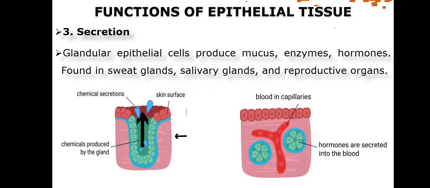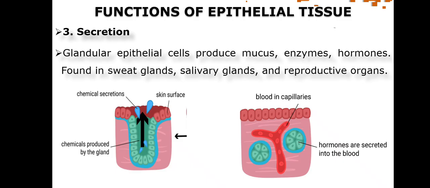Okay? Apart from that, hormones, a lot of hormones. We've got different types of hormones that are being produced by different glands of the body. The adrenal glands, the pancreas produces hormones as well. The ovaries, the pituitary gland, the thyroid gland, different glands are producing hormones.